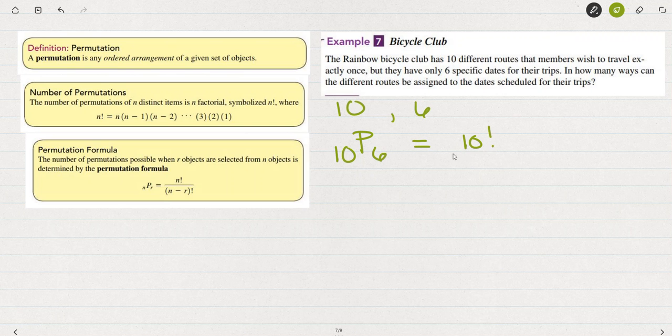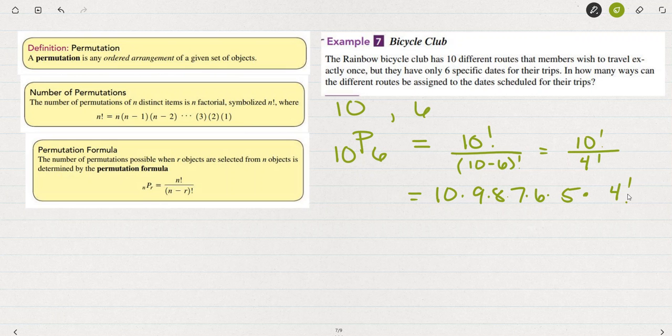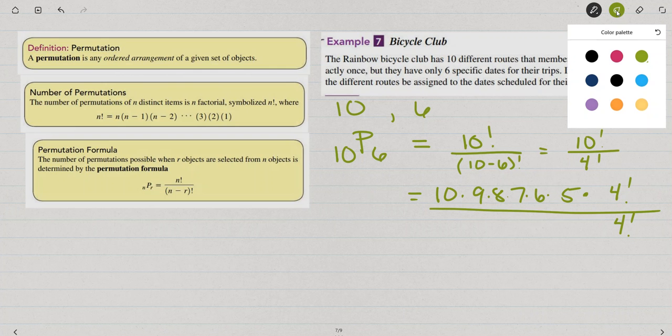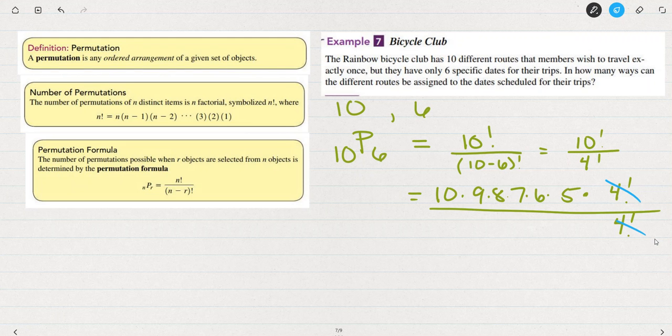You might be ahead of me already on this. If you wrote the formula out, 10 factorial over 10 minus 6 factorial. So that's 10 factorial over 4 factorial. So that's going to be 10 times 9 times 8 times 7 times 6 times 5, because once I get to that 4, 3, 2, 1, it's just going to divide out by the denominator.